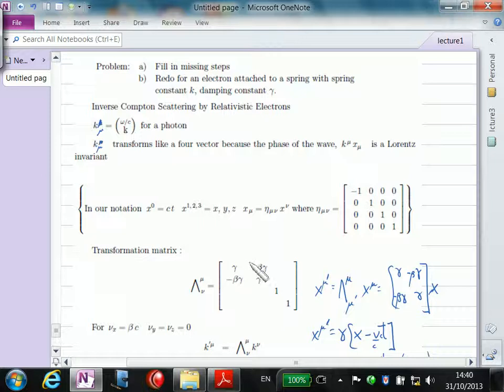But this transformation matrix cannot basically correlate unprimed coordinate and primed coordinate. It cannot what? Correlate. I mean this. Why not? You mean this should be like this, I think.